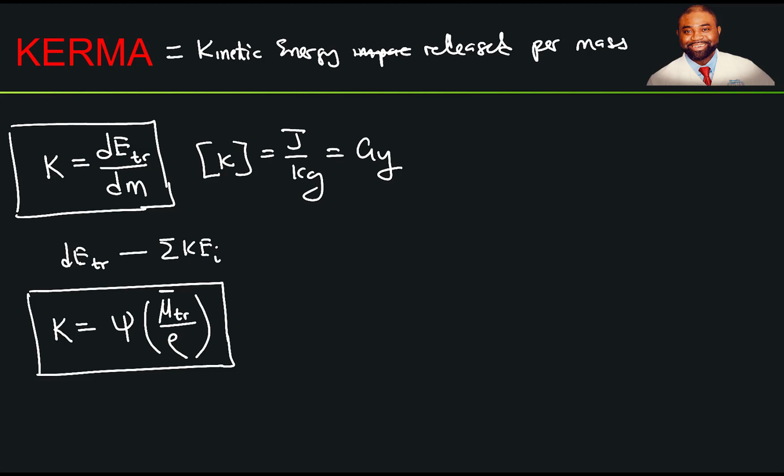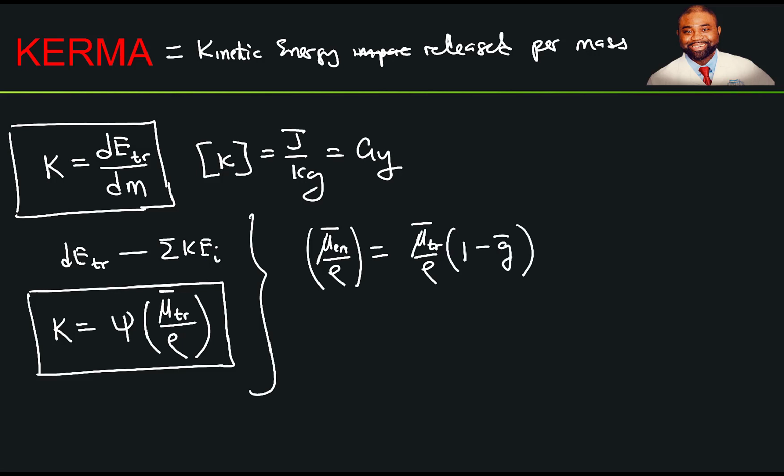Now, what you need to keep in mind is that there is a relationship between the mass energy transfer coefficient for the medium and the average mass absorption coefficient. The average mass absorption coefficient, mu_en over rho, is equal to the average mass energy transfer coefficient multiplied by 1 minus g bar.